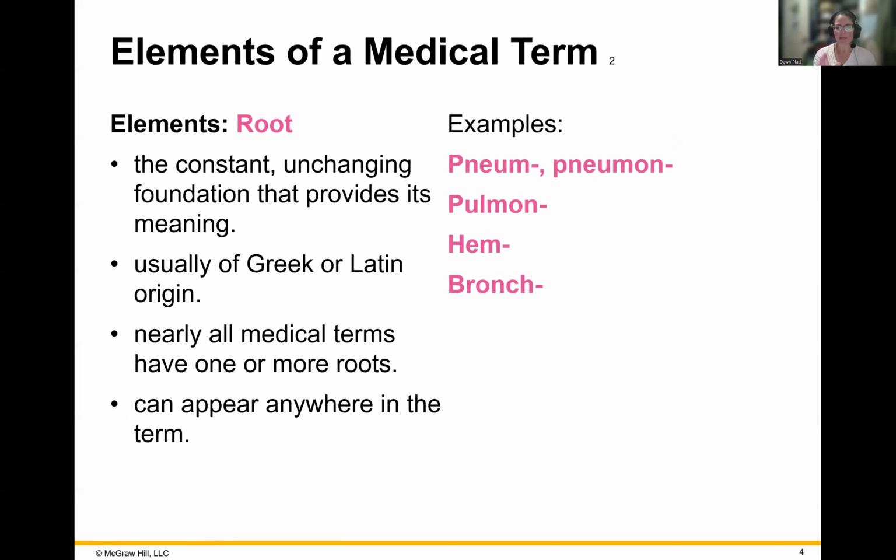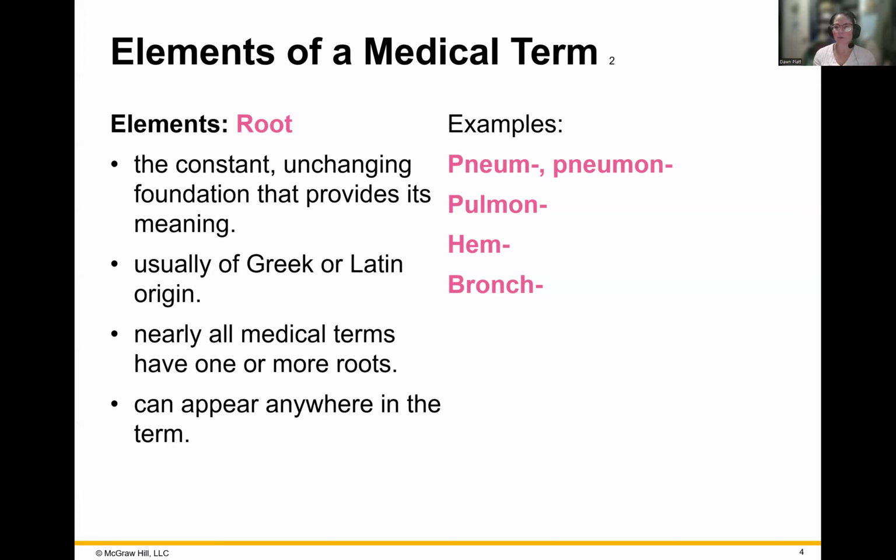Some examples are on the right, and I'll get to that in a minute. They're usually of Greek or Latin origin, so medical terminology is an actual different language in itself. And nearly all medical terms are going to have at least one root word or a combining form, and I'll share the difference with you in a minute.